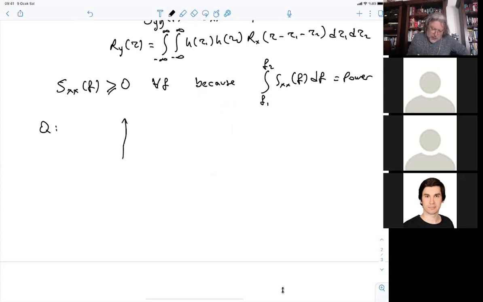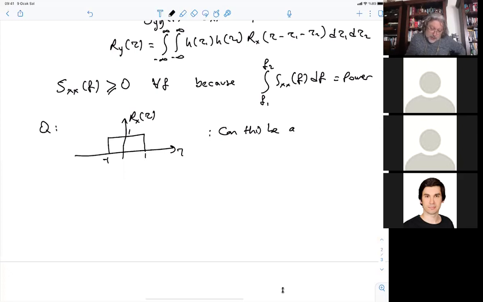I give the students this autocorrelation function. From -1 to 1, it's a constant value. Let's say it is 1. So can this be an autocorrelation?